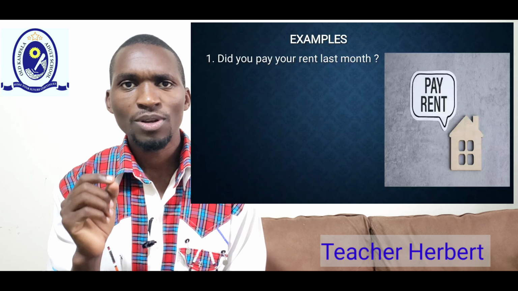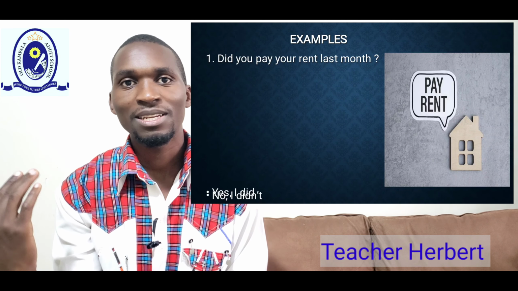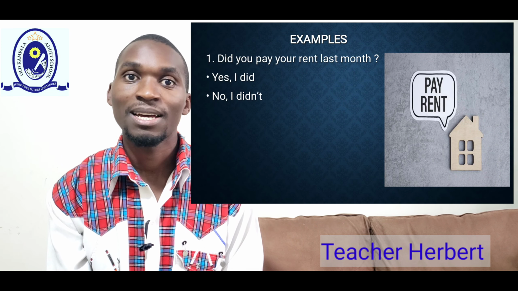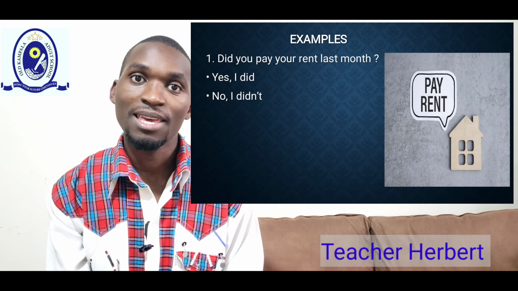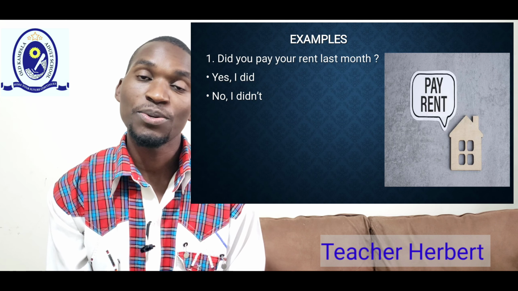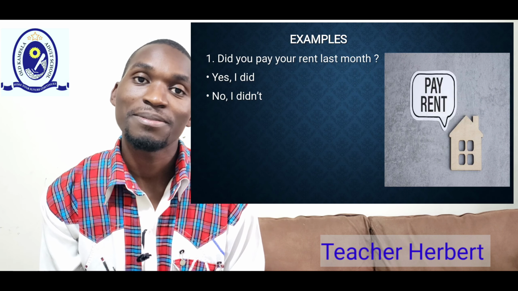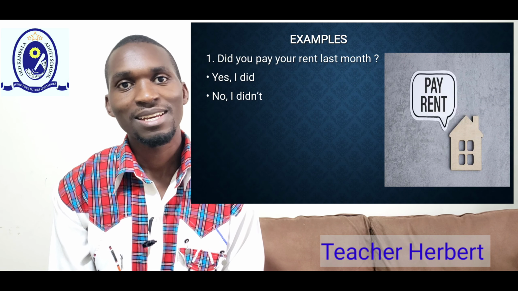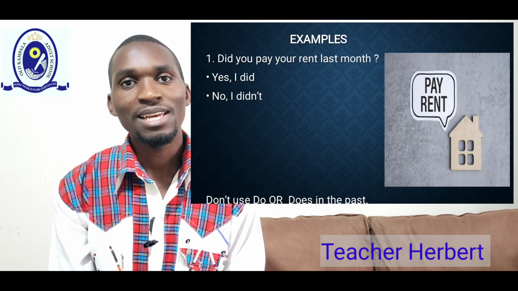If I want to ask you about something that happened last month, I would say, did you pay your rent last month? But I cannot say, do you pay your rent last month? I can't use do or does. So did is used only in the past.